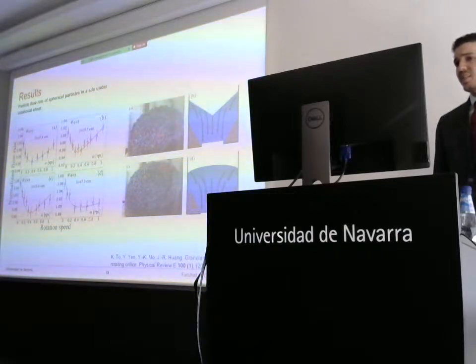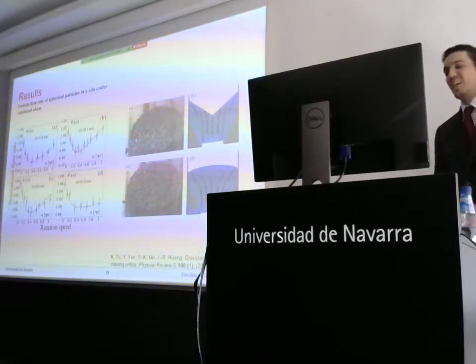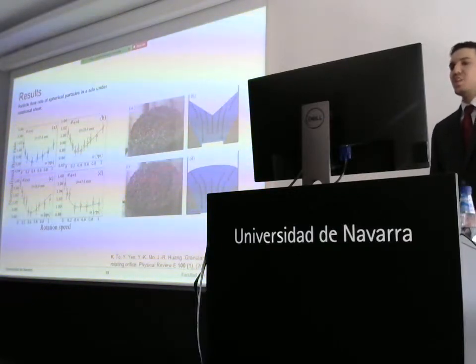In the first case, they saw a depression in the top surface, and in the second case, when the rotational speed is applied to the system, they found that the top surface bumped, suggesting that what we have in this case is a mass flow pattern.